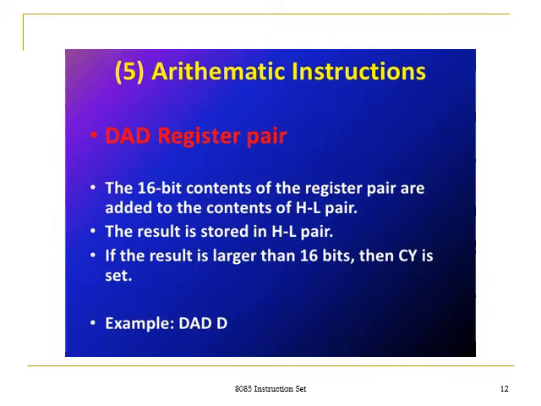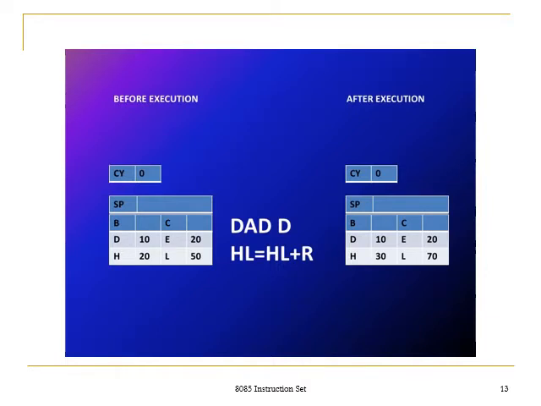Let us see an example for it. Now let us see an example for the DAD instruction. DAD D. Assume that the DE register pair holds 10 and 20 and the HL register pair holds 20 and 50.